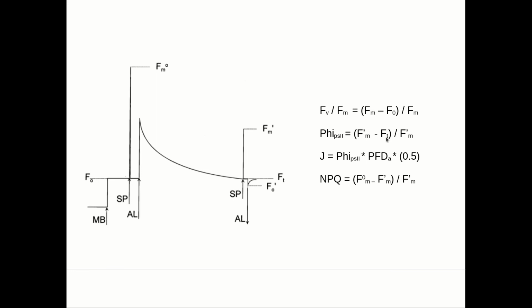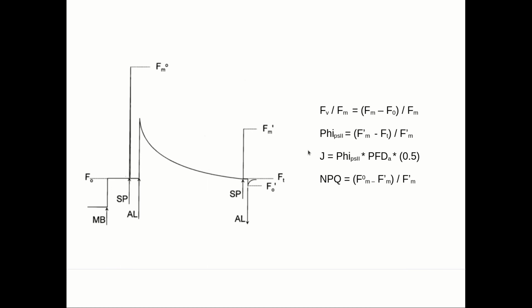And then, so this is just a proportion, but if we want to know more in absolute terms how much photosynthesis is happening, we can calculate a third parameter that we call J, which is a measure of linear electron flow, so how much photosynthesis is actually happening.